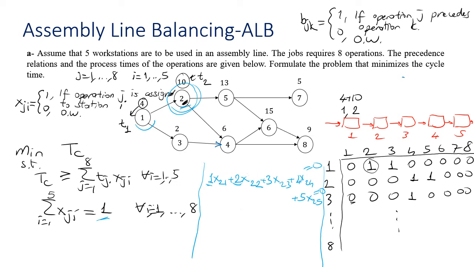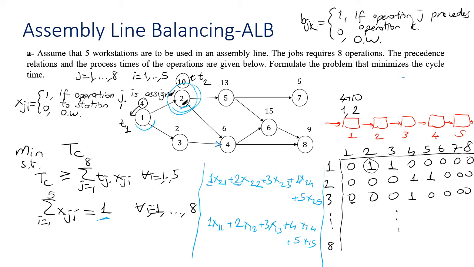So I can do the same thing to understand the station that this task 1 is assigned to. So 1 times x11 plus 2 times x12, 3 times x13, 4 times x14, and 5 times x15. So this summation gives me the station that this task 1 is assigned to.